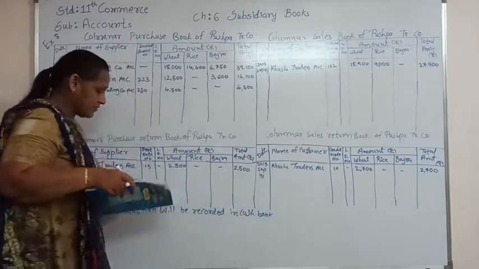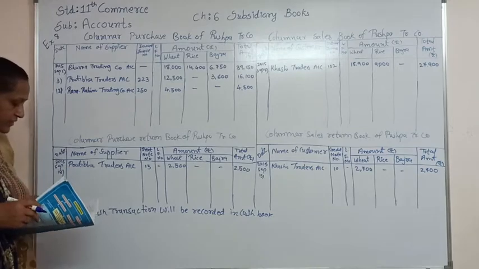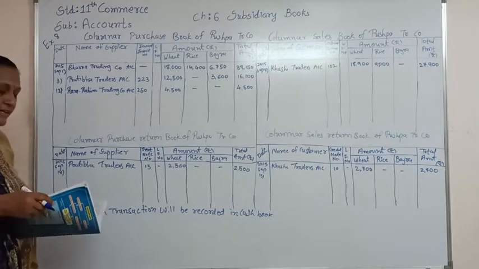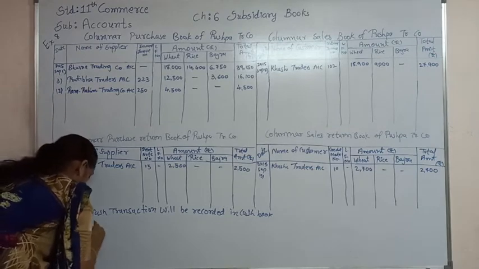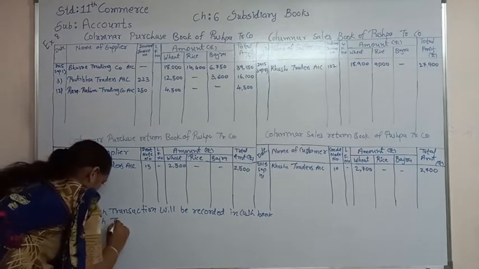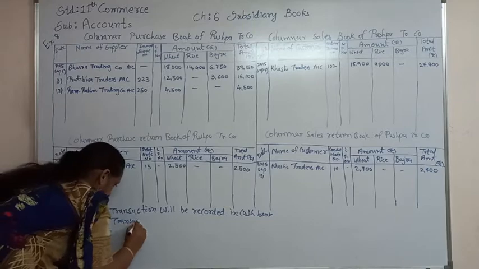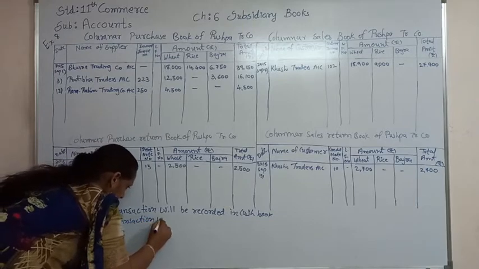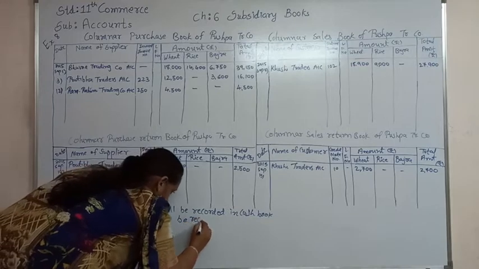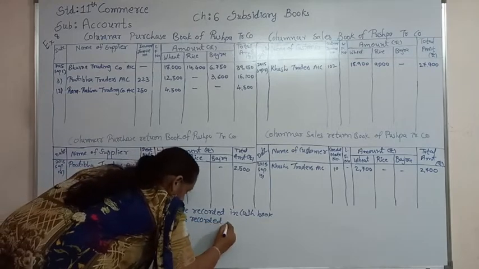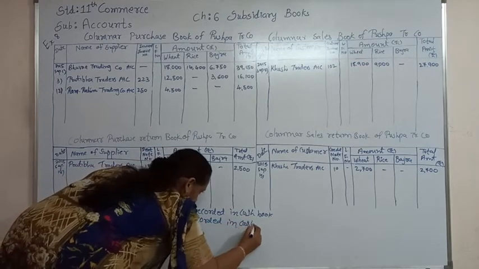Again, let's see date number 21. 50 kg wheat returned to Hetvi Traders, immediately cash received. Again it is a cash transaction. So cash transaction will be recorded in cash book.